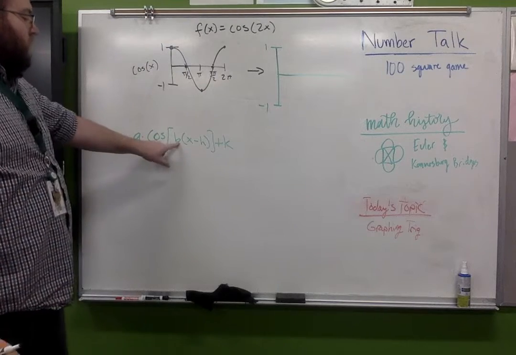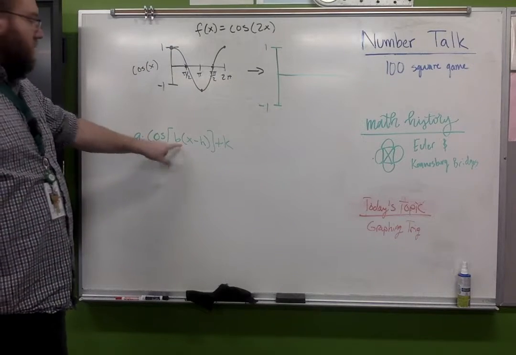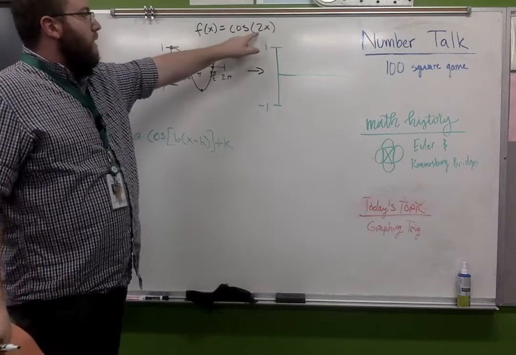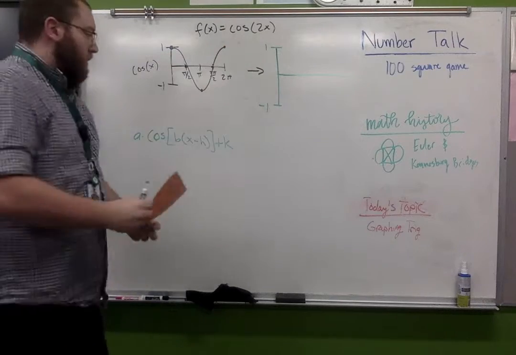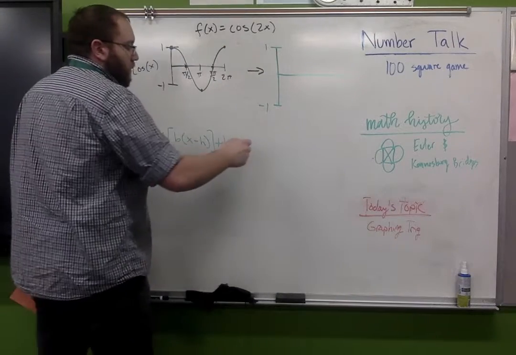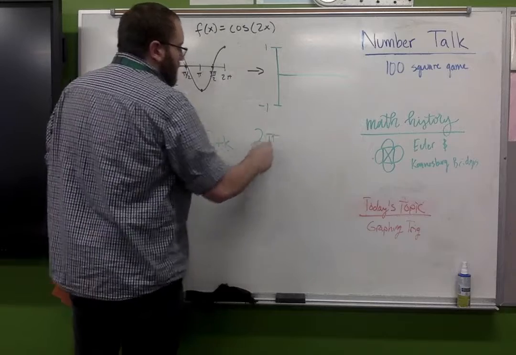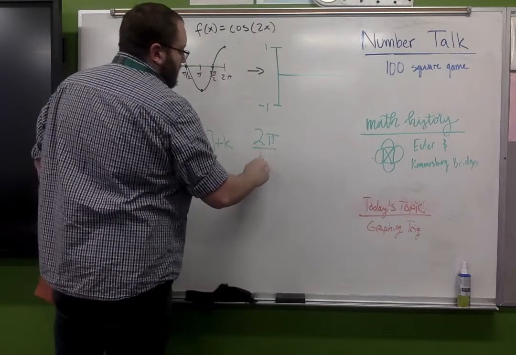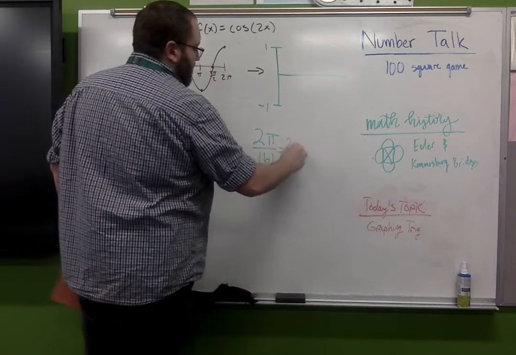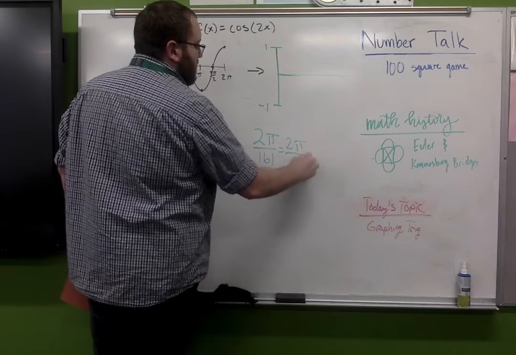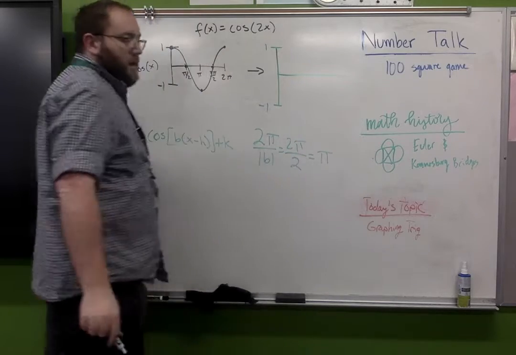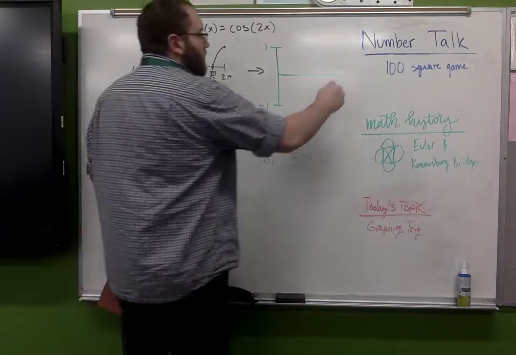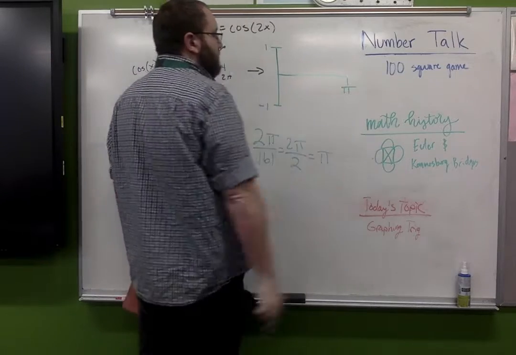Right? The b in front, the multiplier, is our period change. So how to change the period? We take our period, 2 pi, divide it by absolute value of b. So 2 pi divided by absolute value of 2, which is 2. My new period is pi.